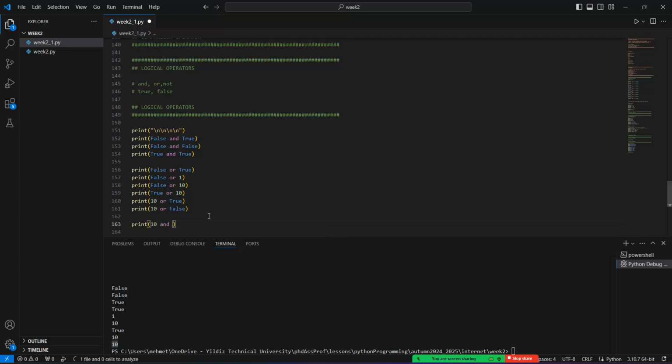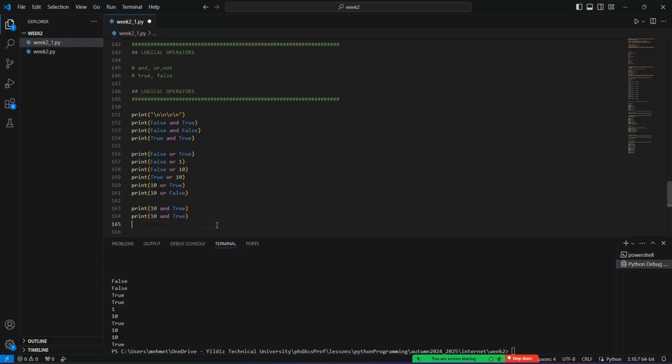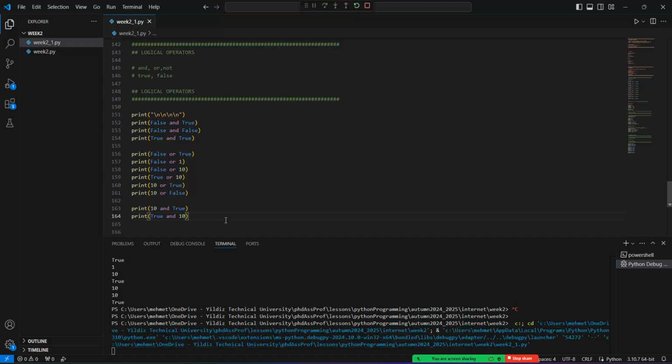Just like, see that print 10 and true. What's the output of this code? This is true. Okay, and so I can try another code in here just like this one. True and 10.